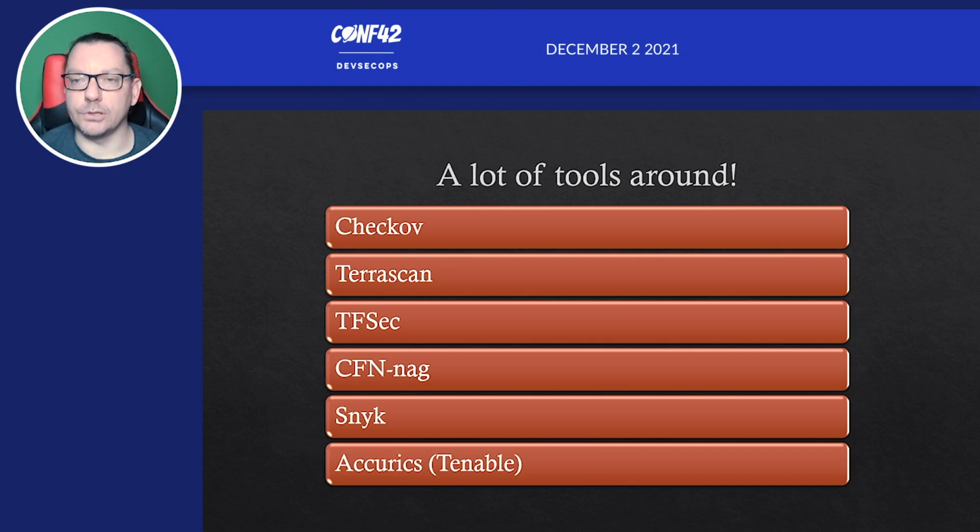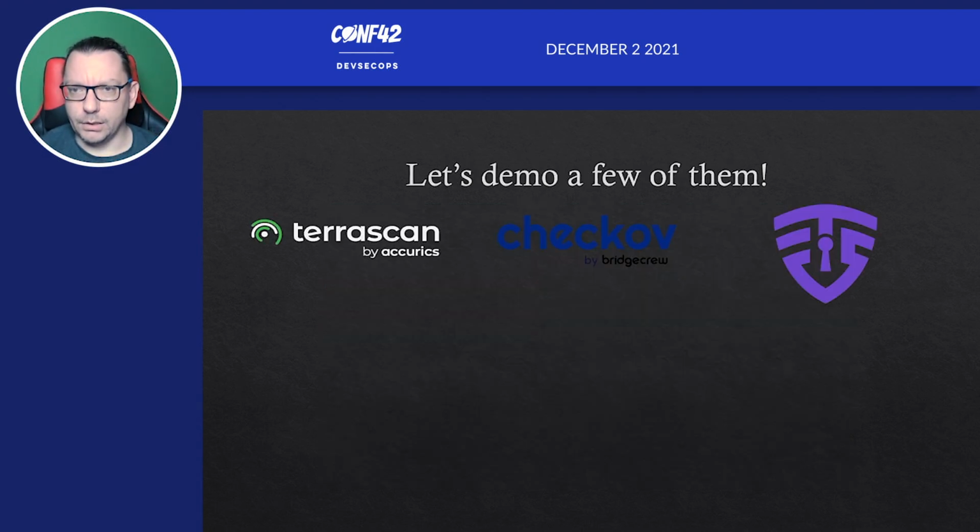All right. So also we have tools from Accurics, which are quite more advanced. Right now, they are acquired by Tenable. So I'd like to demo a few of them, three of them really. It will be Terrascan by Accurics, Checkov by Bridgecrew, and DevSec by Aqua at this moment, right?